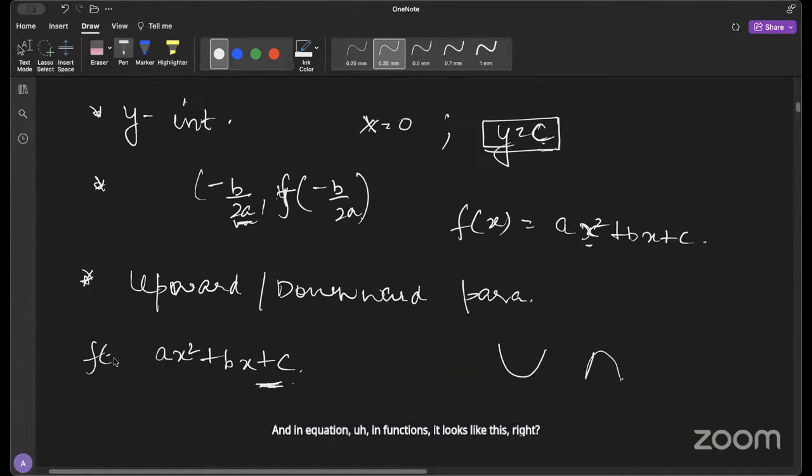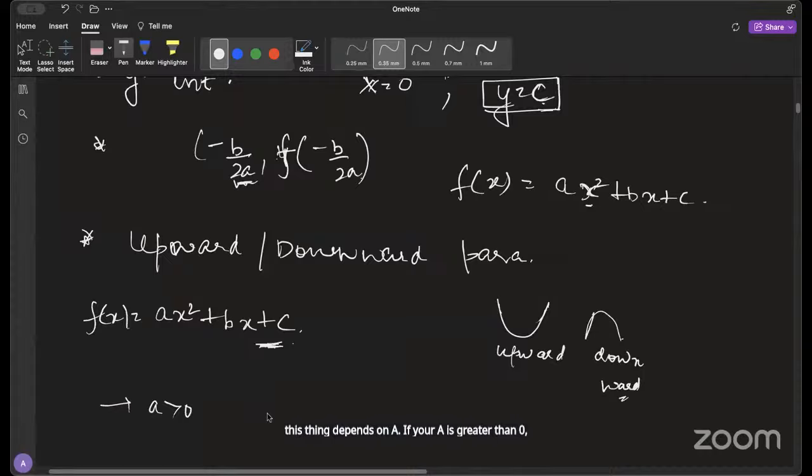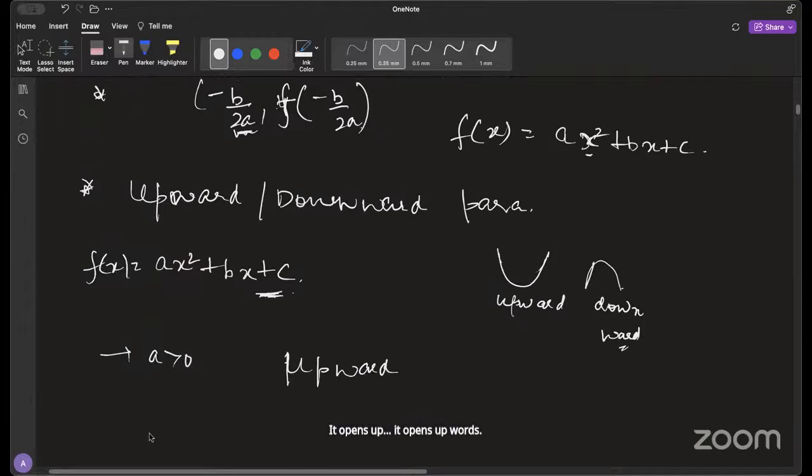Whether it opens upwards or opens downwards depends on your a. If your a is greater than 0, then your parabola opens upwards. And if your a is less than 0, then it opens downwards.